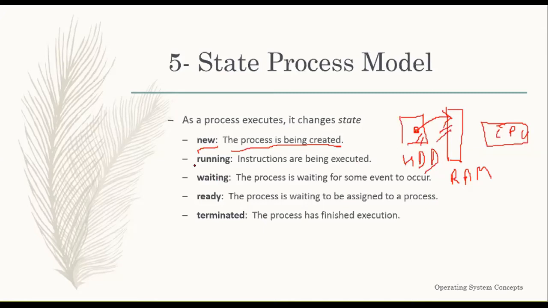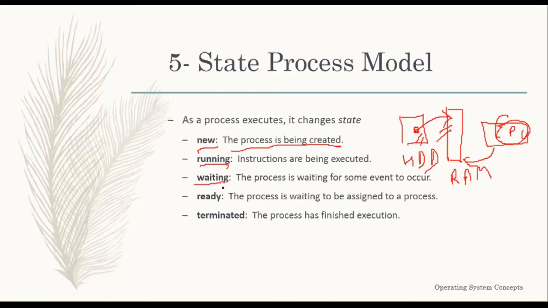Next is the running state, which means when a process is in the CPU, it is known as the running state. Next is waiting. There is a possibility that after running, you want to send that process for certain IO, so it will wait for that IO. Hence, it is in the waiting state.